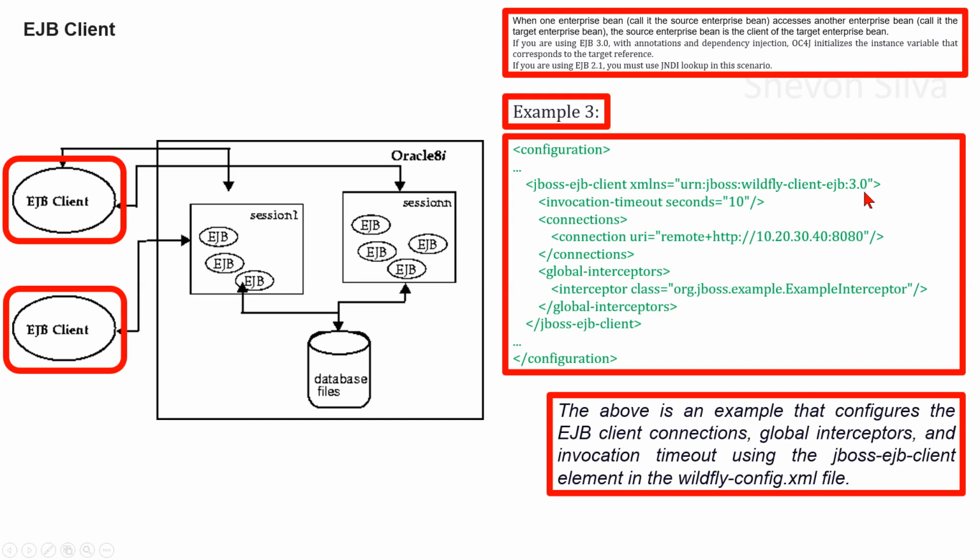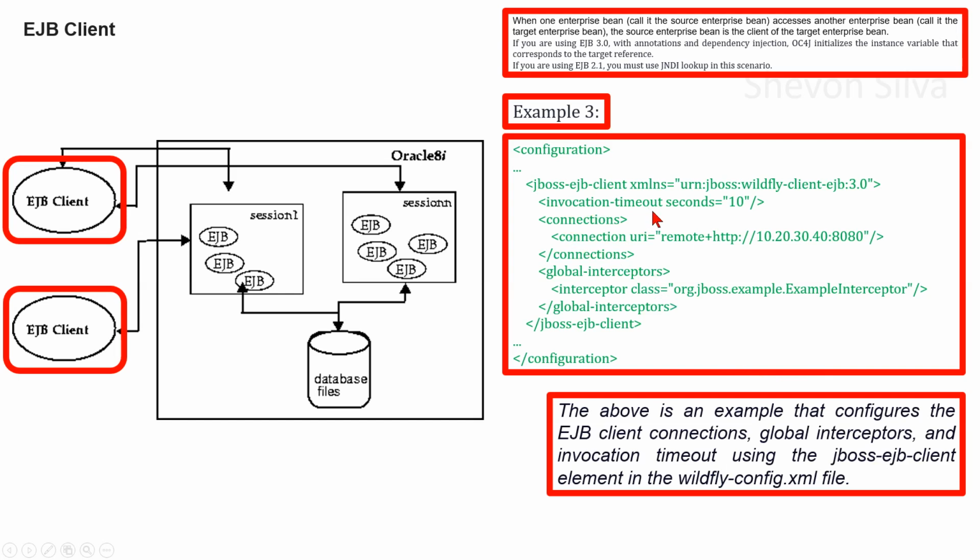To configure EJB client connectors, EJB client connections, global interceptors, and invocation timeouts using the wildfly-config.xml file. Invocation timeout: this optional element specifies the EJB invocation timeout.